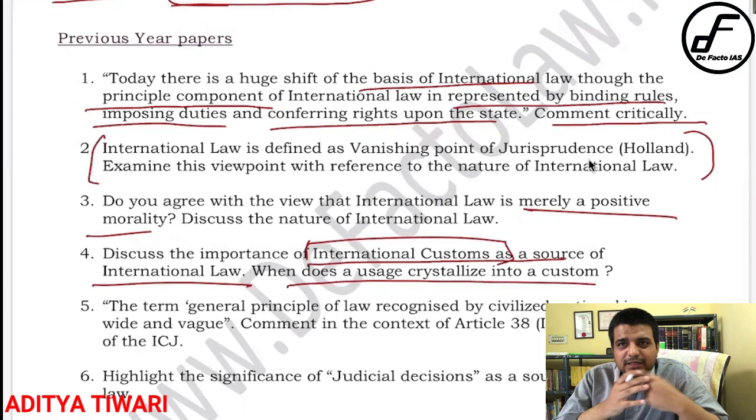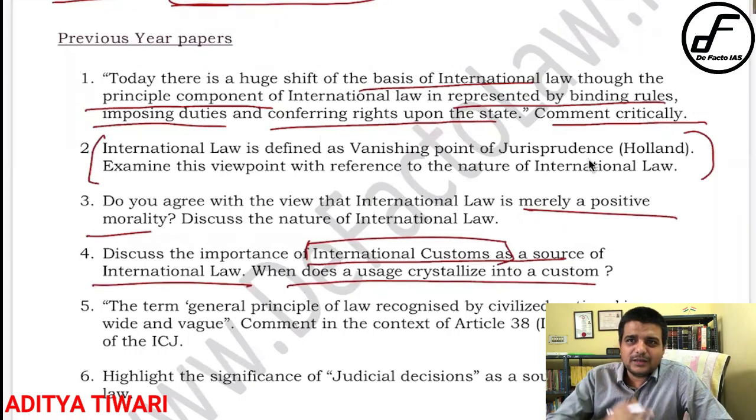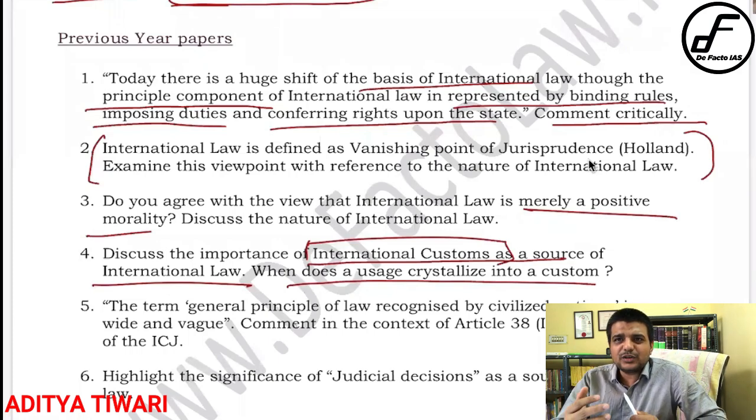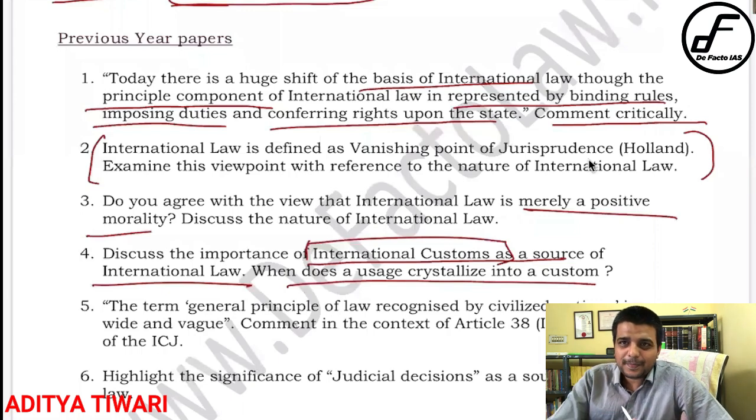Second, custom is a natural law, meaning that custom originates from the consent of the state. It means the state wants that particular set of behavior that it is doing, and it expects the same from you as well. So it is sort of a negotiation between two countries: I will behave like this, you please behave like this. In fact, if you have read Roscoe Pound, he also said that custom is basically the best law.